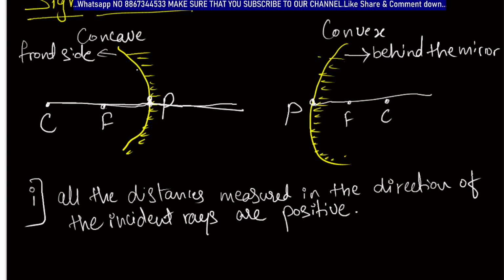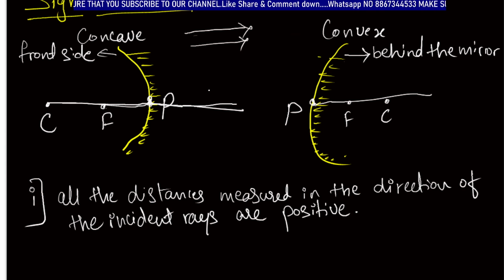What does that mean? Consider a ray passing in this direction. All the measurements that we take in this direction are always considered positive. So this is the first rule.